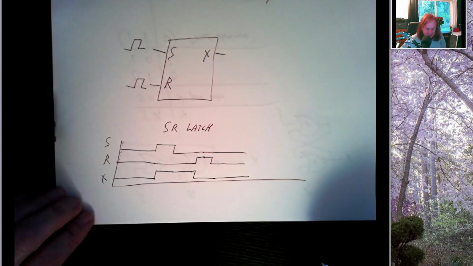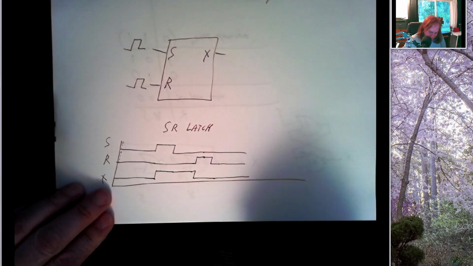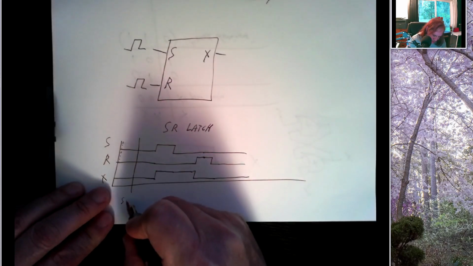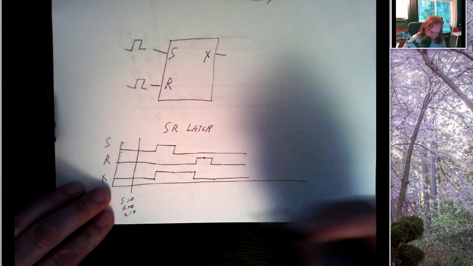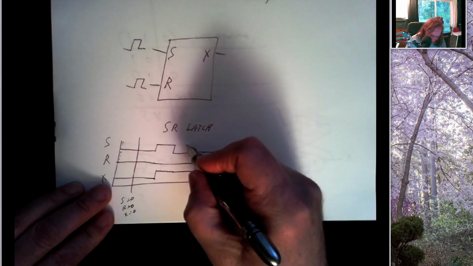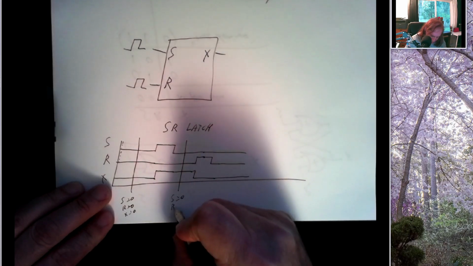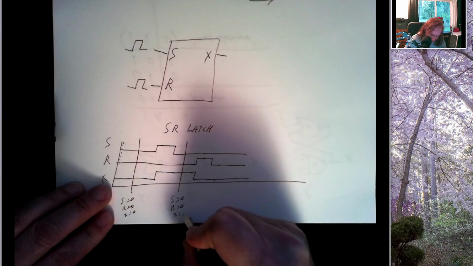Here's why it's a sequential system. Because at this point, S equals 0, R equals 0, X equals 0. At this point, S equals 0, R equals 0, but X is equal to 1.